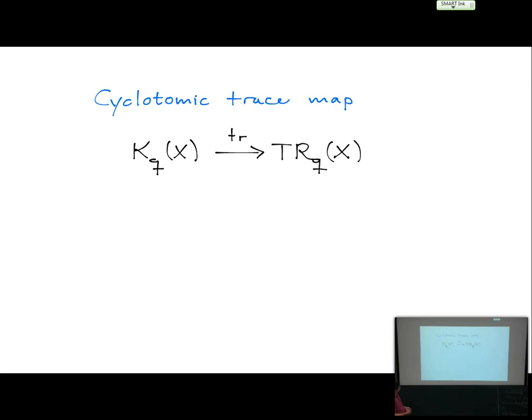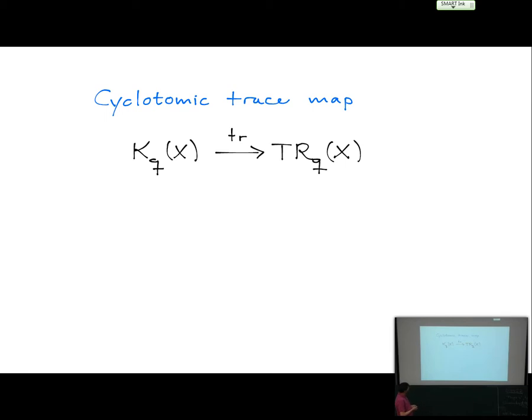So now I will talk about the cyclotomic trace map, and this is a topological refinement of the Chern character to negative cyclic homology. This was introduced by Bökstedt, Hsiang, and Madsen, and I will explain what this is.